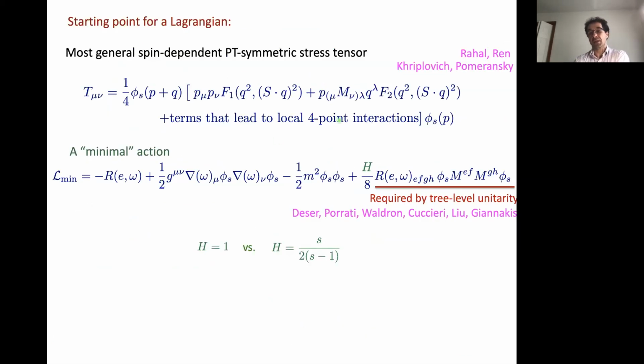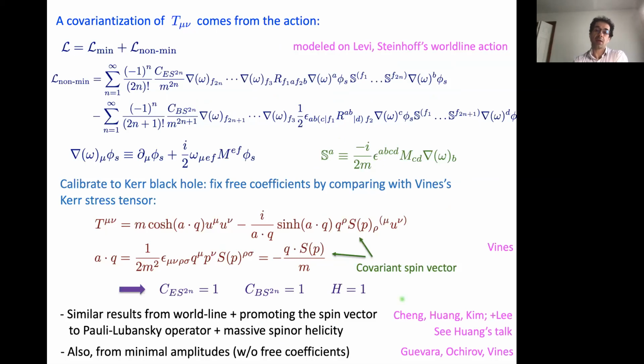I should also say, so this implies that H equals 1, and therefore it saturates, it agrees with the unitarity constraint that comes from the analysis of scattering amplitudes in the minimal action. I should also say that a Lagrangian of this type describes, for example, the massive gravity of de Rham, Gabadadze, Tolley, and others. And in that case as well, H happens to be 1.